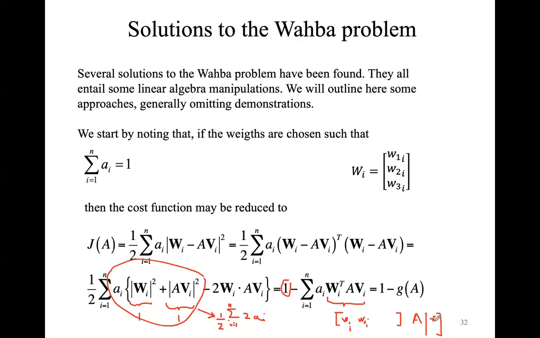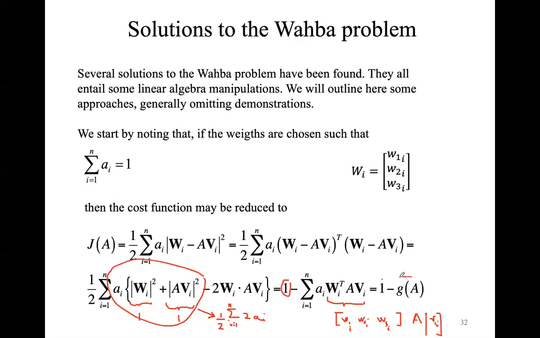So it will be V1i, V2i, and so on. This part is equal to 1, as we said.